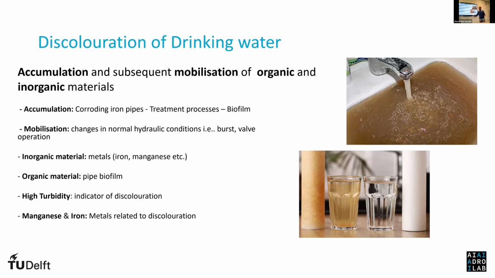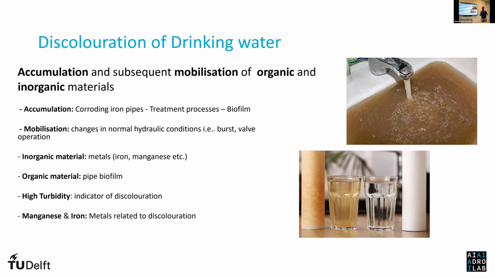This accumulation includes materials such as corroding iron pipes. So you have bad and old cast iron pipe. It starts corroding. You have material leaving from there. You have chemicals coming from the works, so whatever is left from the works. You can also have material related to bacteria in the pipes.